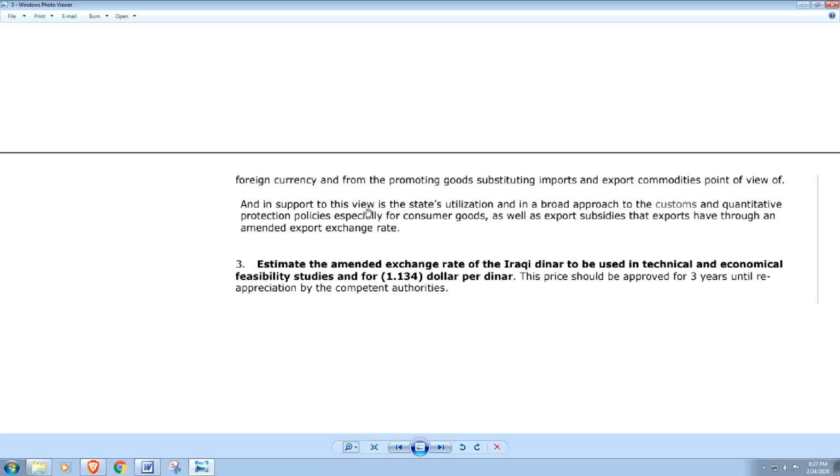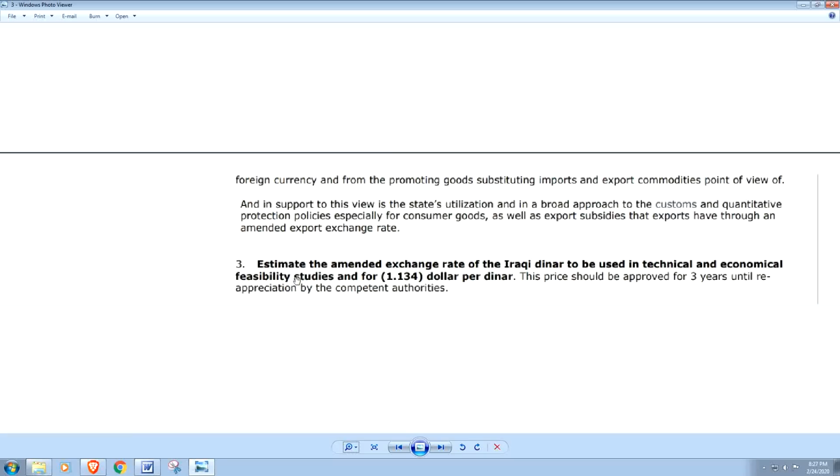And in support of this view, it is in this state's utilization and broad approach to the customs and quantitative protection policy, especially for consumer goods. Damn, that was a lot of words. As well as export subsidies that exports have through an amended export exchange rate. I'm not repeating that.